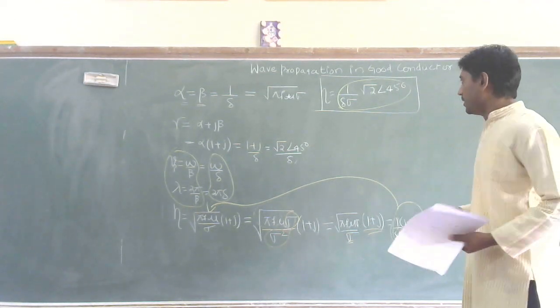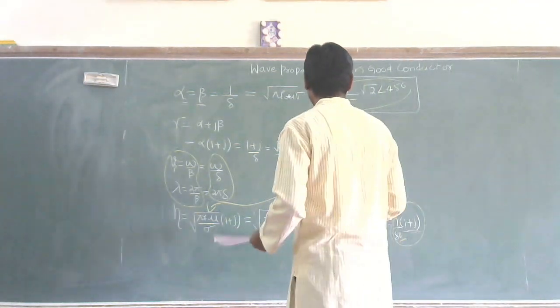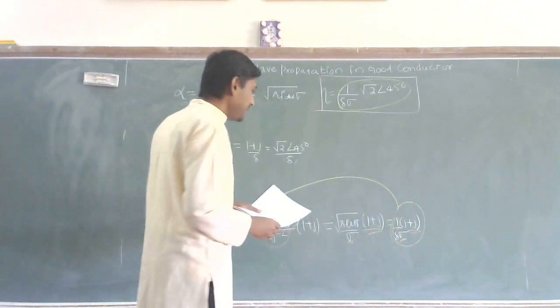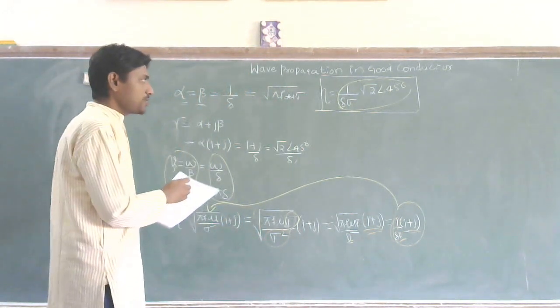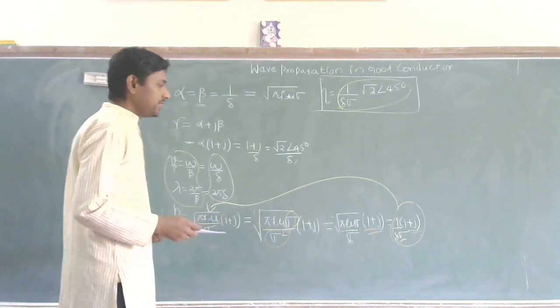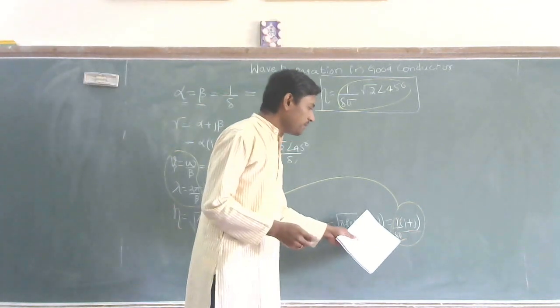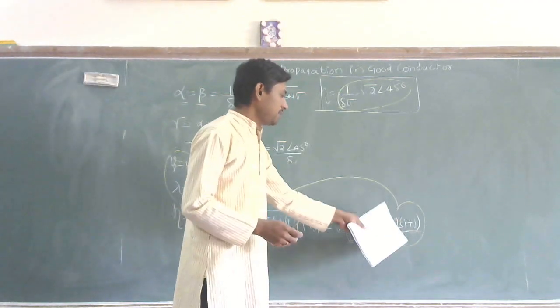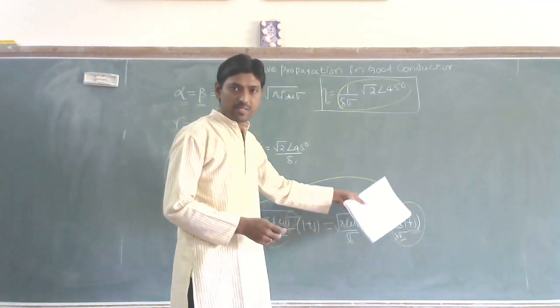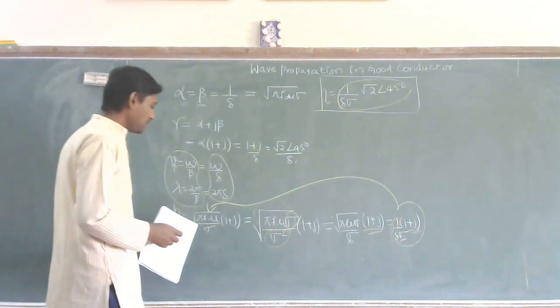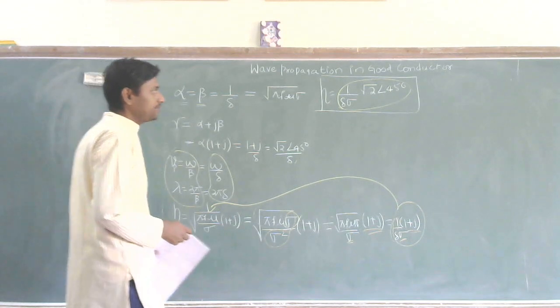So once we have understood how to write these wave characteristic parameters in terms of the skin depth, I emphasize that it is really worth remembering the wave characteristic parameters for a good conductor in terms of the skin depth as compared to the original formula.